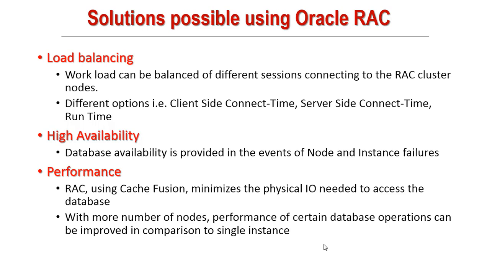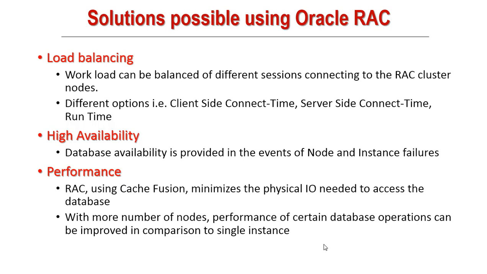High availability in RAC is basically limited to 2 kinds of crashes which are possible. One is a node crash and one is an instance crash. And the terms that we discussed, FAN, TAF, and so forth, are going to be applicable to this aspect.